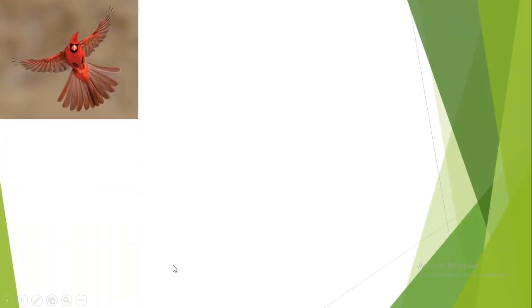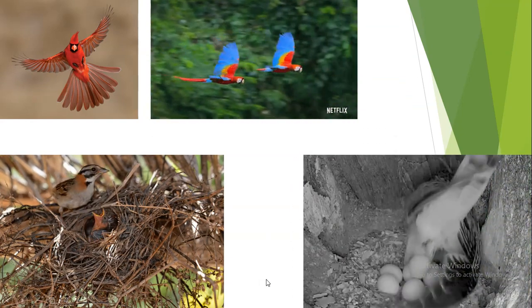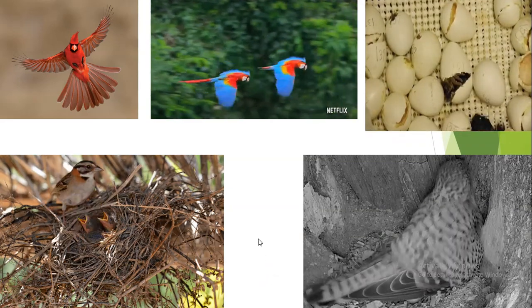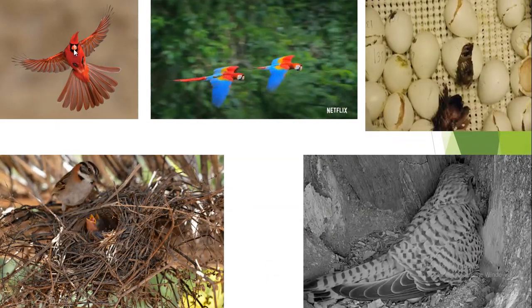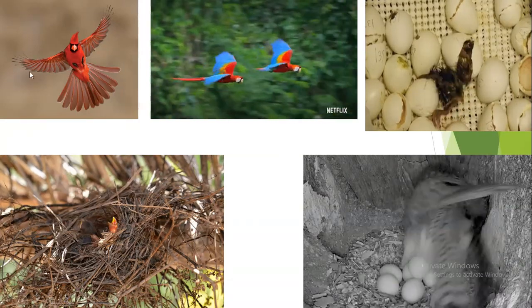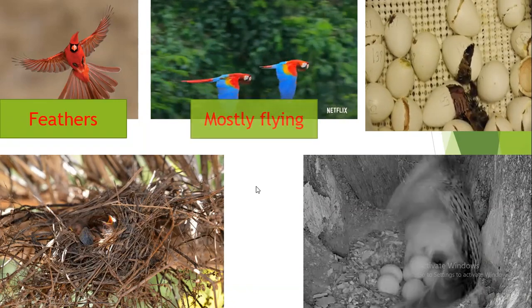Now, birds, the second group of vertebrate animals. Look at these pictures. Now, as you can see, birds have a beak, 2 wings, they are covered with feathers, they can fly.